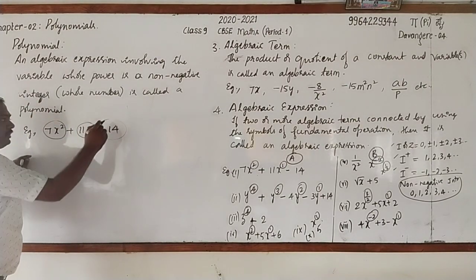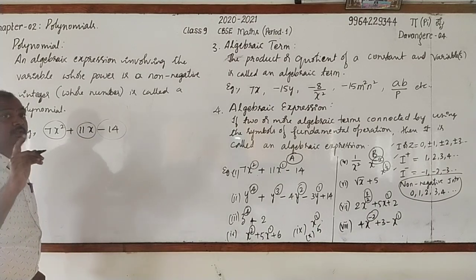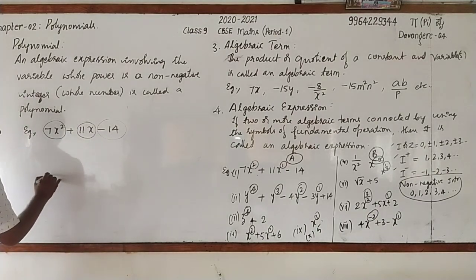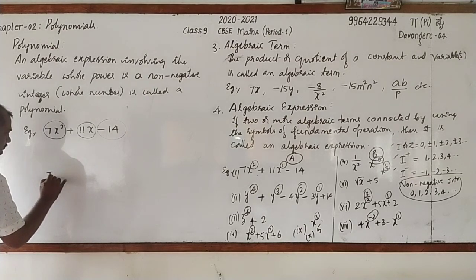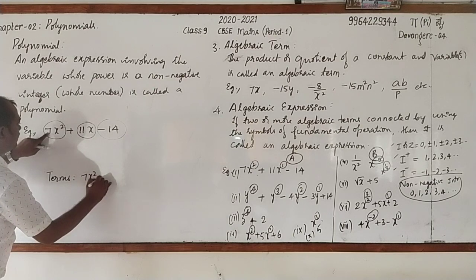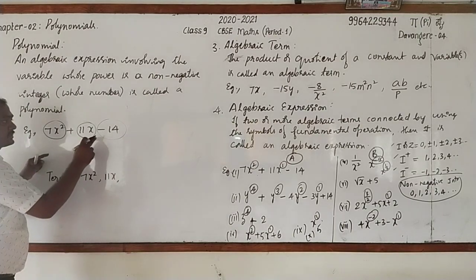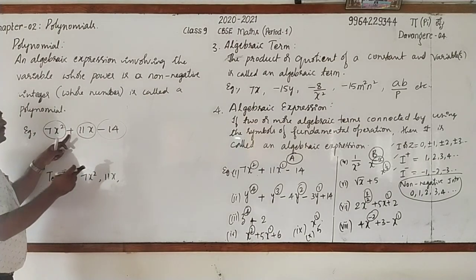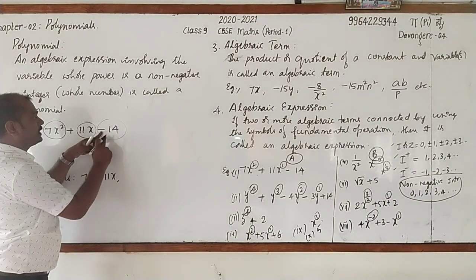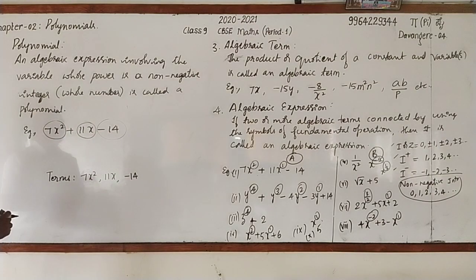These are all called terms of the polynomial. Terms of the polynomial are 7x square, then plus 11x, we have to include the sign. If plus is there, not necessary, but minus it is must. Minus 14. These are the terms.